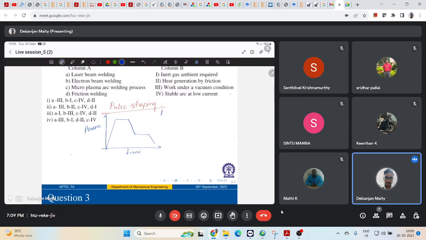This prevents some thermal shock. This downslope can control the cooling.